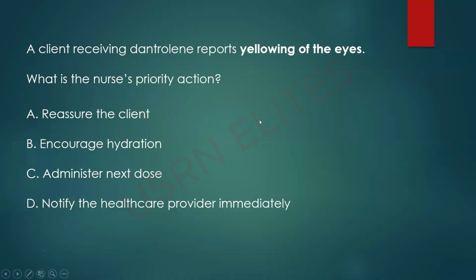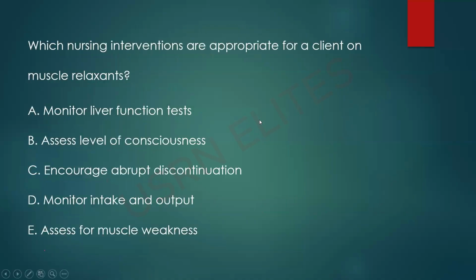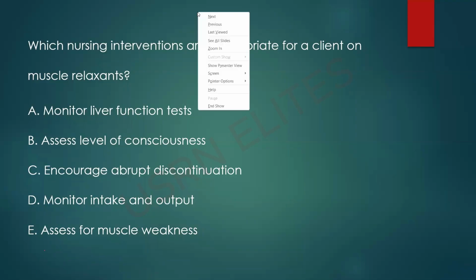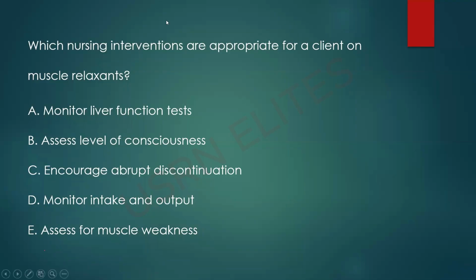Yes, the next question. Which nursing interventions are appropriate for a client on muscle relaxants? A, monitor liver function test. B, assess level of consciousness. C, encourage abrupt discontinuation. D, monitor intake and output. E, assess for muscle weakness. This is a select-all-that-apply question.